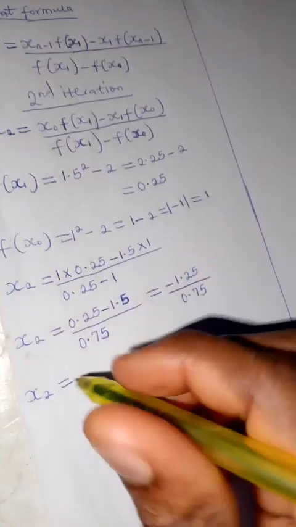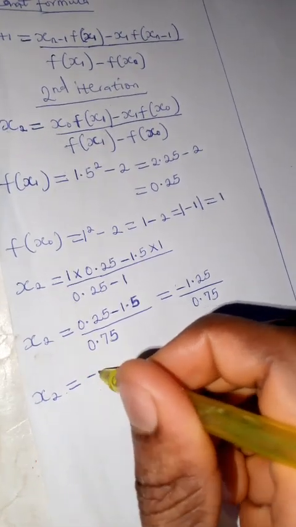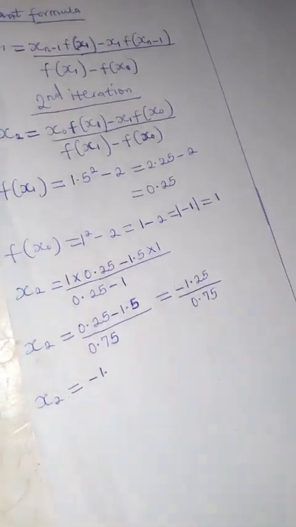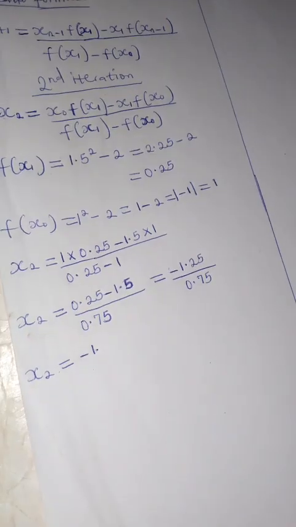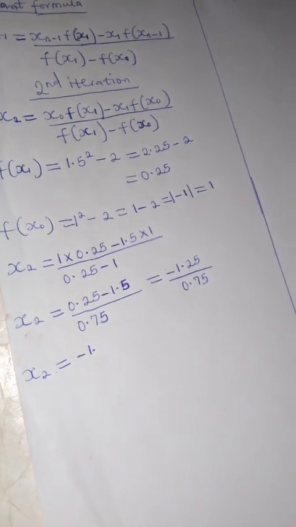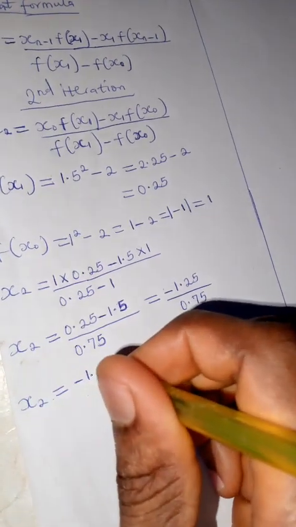We are going to have minus 1 point something. We are going to reduce our answer to 4 decimal places.